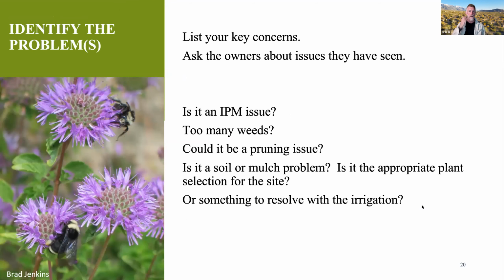So identify the problems. You're going to list your key concerns and probably rank them, the things that the owner brought you out there for, probably something very specific. Is it an IPM issue?